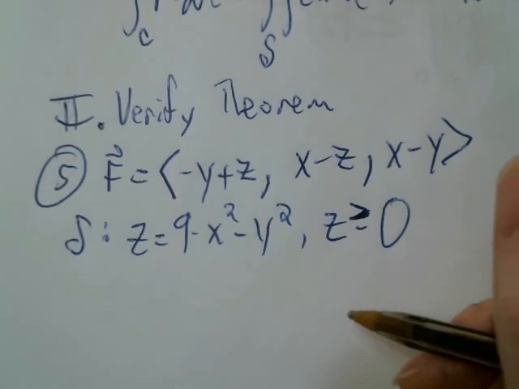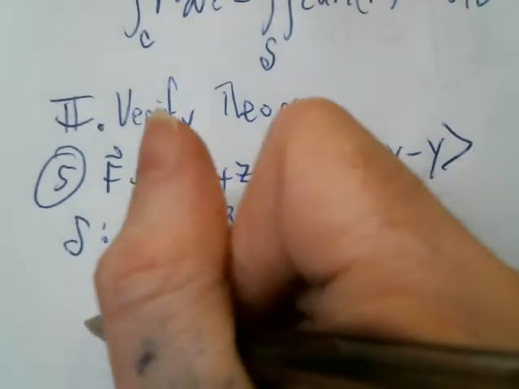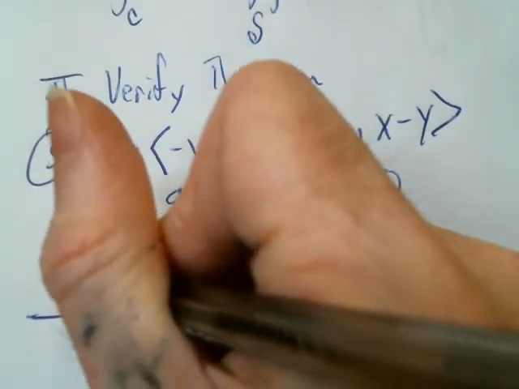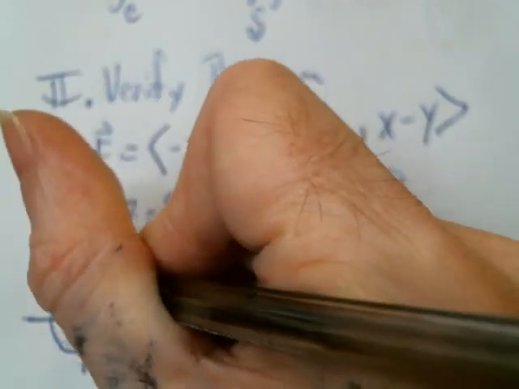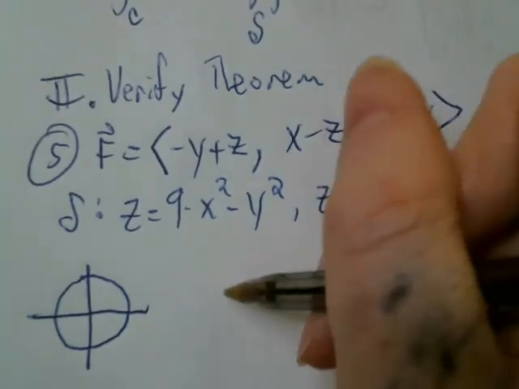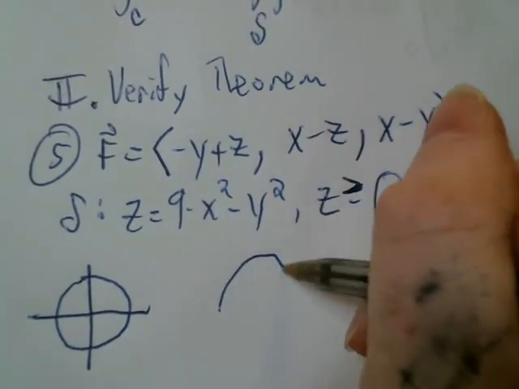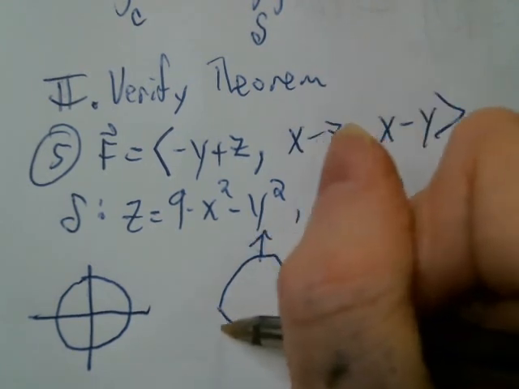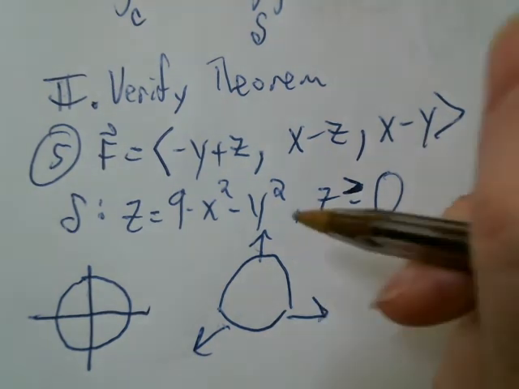In the xy plane, if you let z equal 0, you would get a circle with radius 3. And right, so what did it look like? It's one of these things in xyz space.